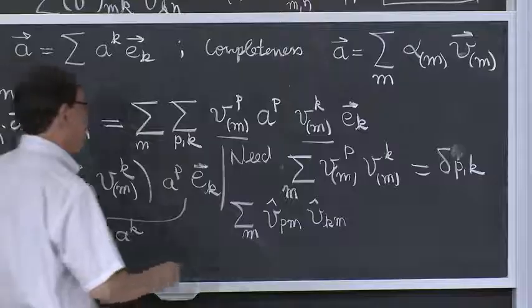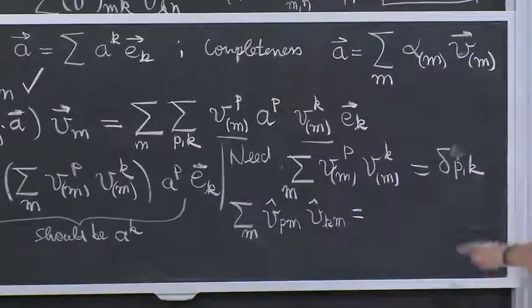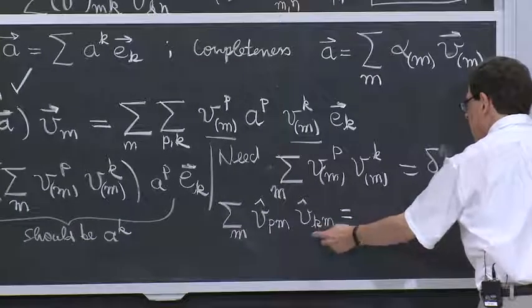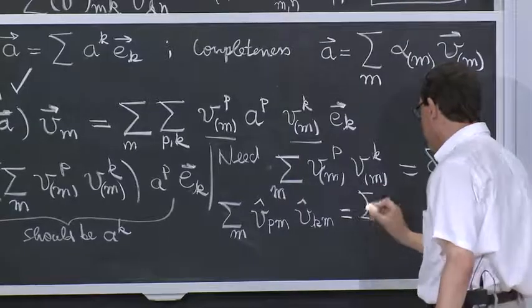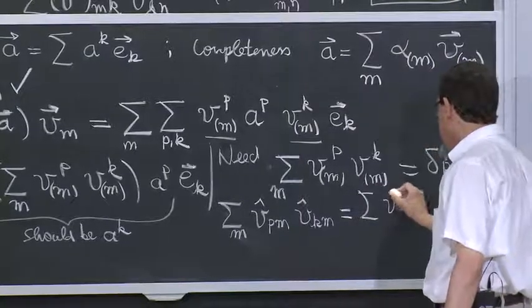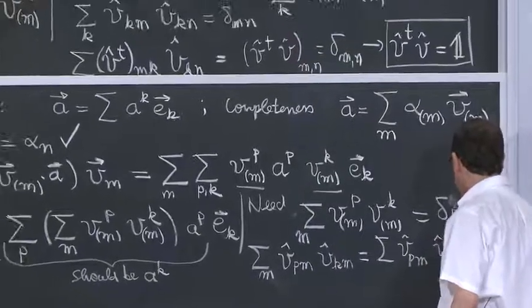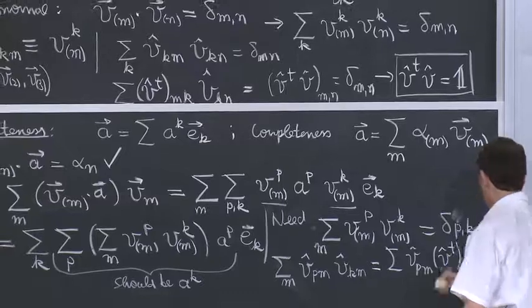So this is the left-hand side. We can do the same thing here, in which we can switch these two indices at the cost of putting a transpose. So it's the sum of v hat_pm v hat transpose_mk.